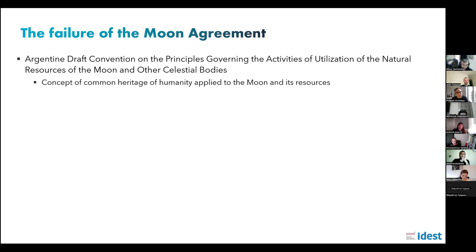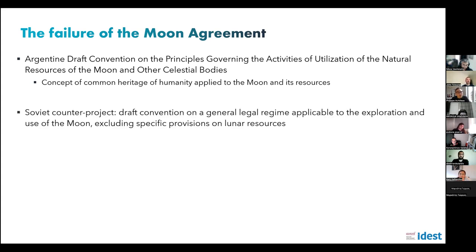Don't forget that in parallel, there were the negotiations on the law of the sea, where the concept of common heritage of mankind was also part of the discussions. The problem is that the Soviet Union proposed a counter-project, a draft convention on a general legal regime applicable to the Moon, but excluding specific provisions on lunar resources.